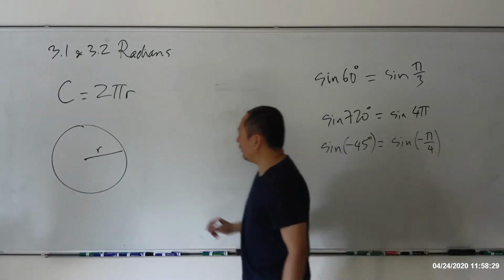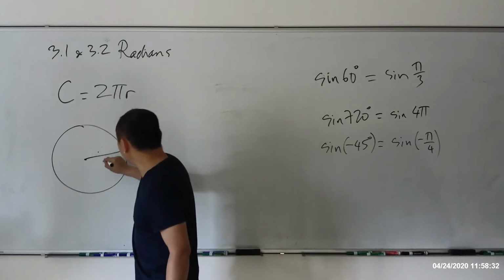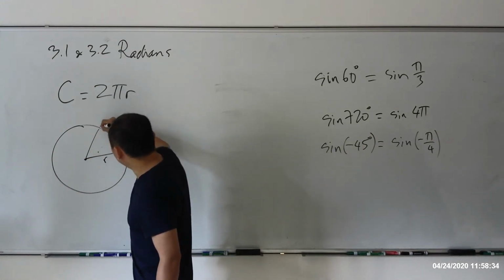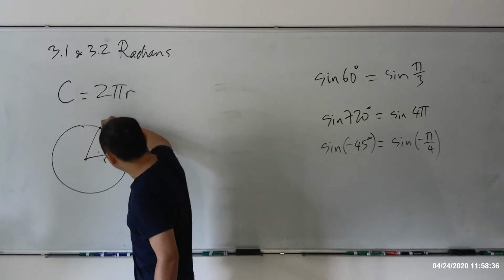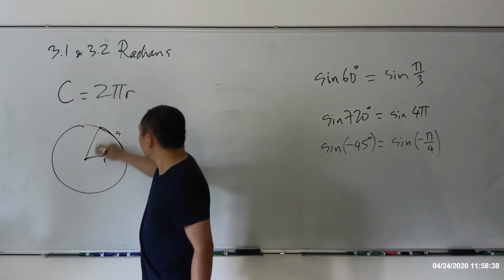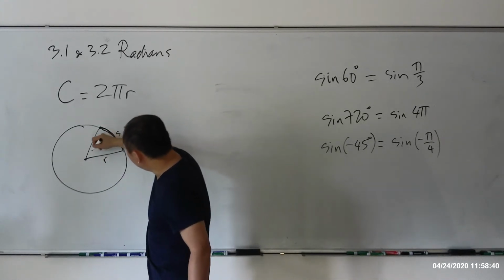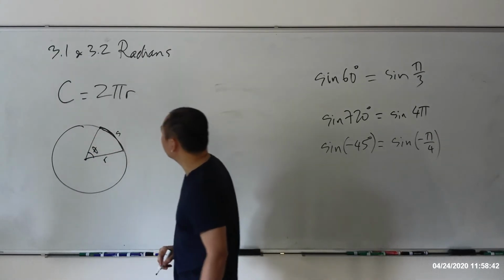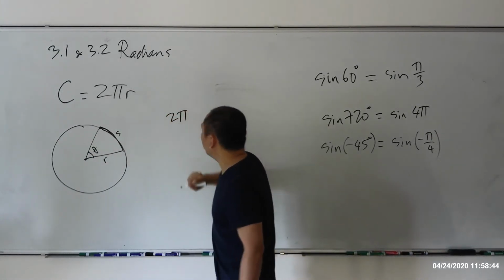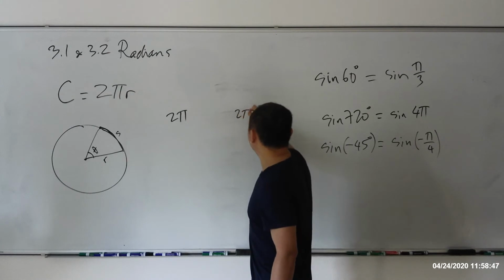What if I want to calculate the arc length of that little piece only from here to here? That's called little s. How long is that curve right here, if I know the angle theta? For the angle of 2 pi, the circumference is 2 pi r.